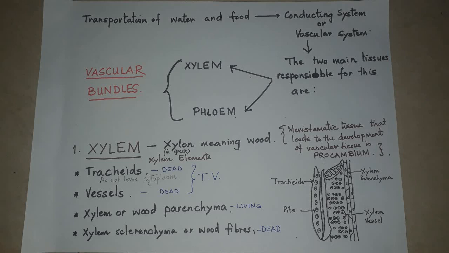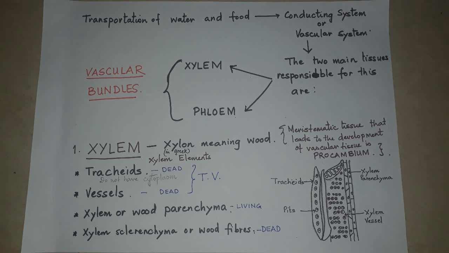And number 4, xylem sclerenchyma or wood fibers. Tracheids, vessels and xylem sclerenchyma or wood fibers, these 3 elements of the xylem are dead. Why are they said to be dead? Because they do not have cytoplasm in them.